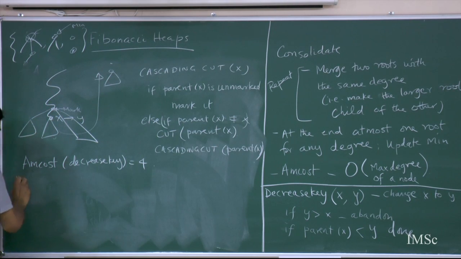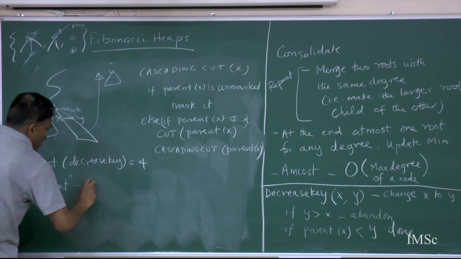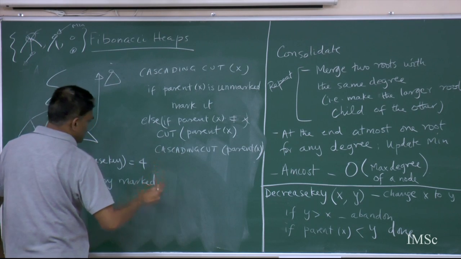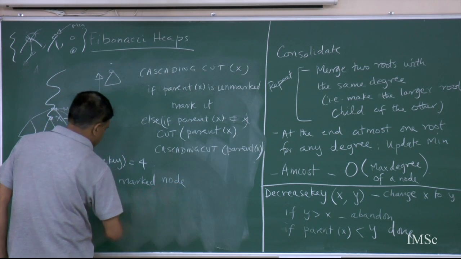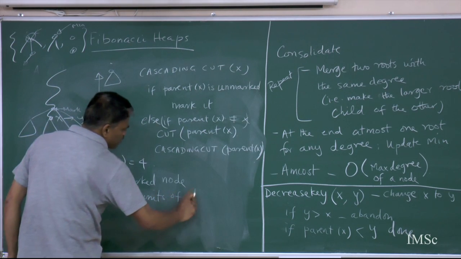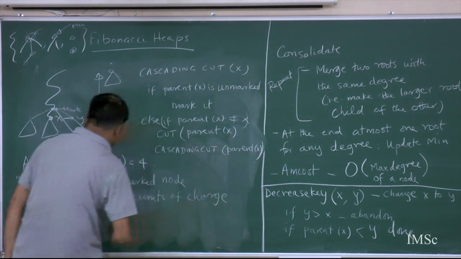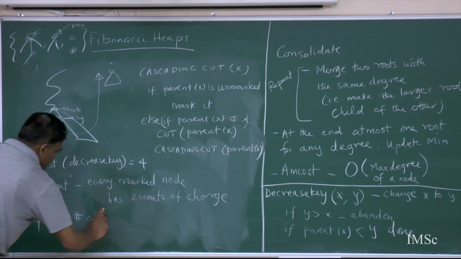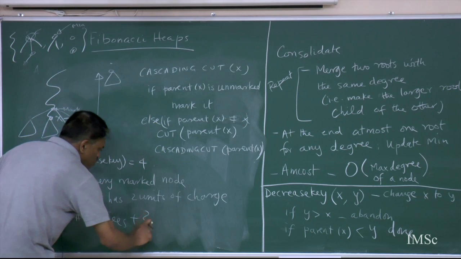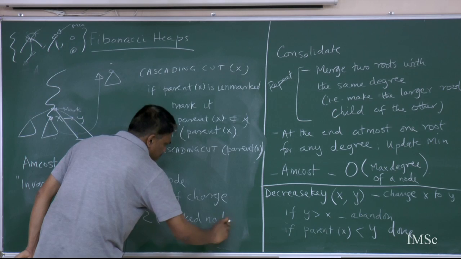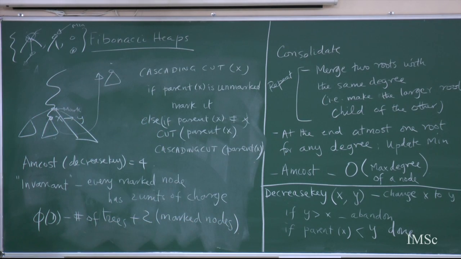So the invariant here is that every marked node, and this marking is because of all this cutting, has 2 units of charge. If you want to argue the whole thing by a potential argument, the potential of the data structure is the number of trees, because every tree has 1 unit, plus 2 times the number of marked nodes.